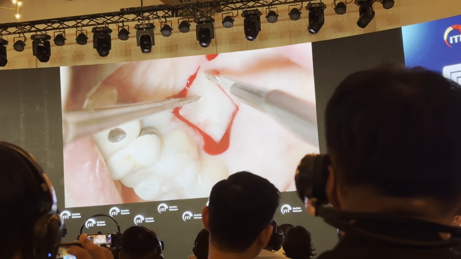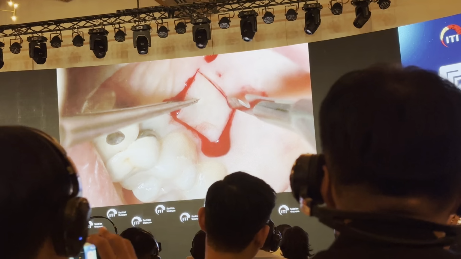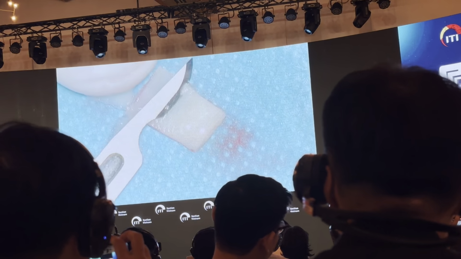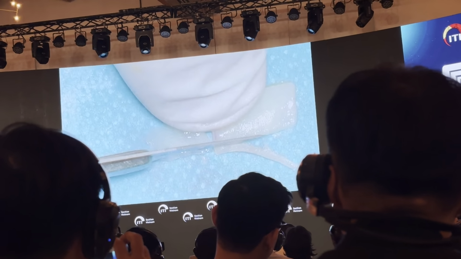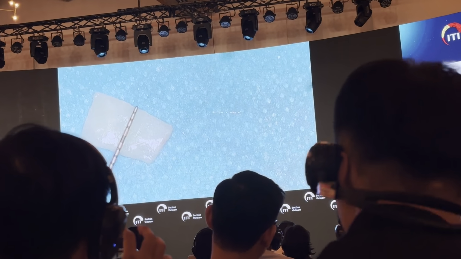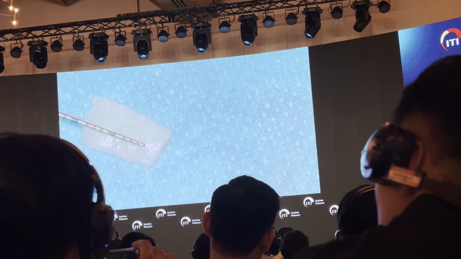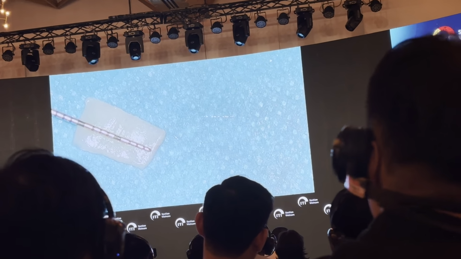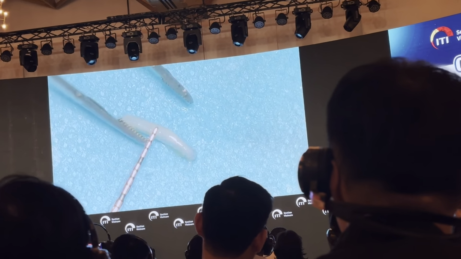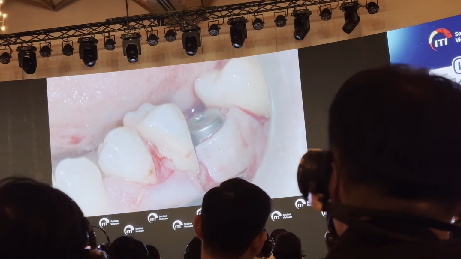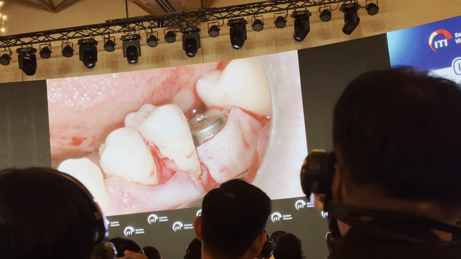So harvesting procedure, you are already familiar with this procedure and this epithelialization. So once the graft is ready, it's 6 millimeters in height, 10 millimeters long, and 1.2 millimeter thickness.